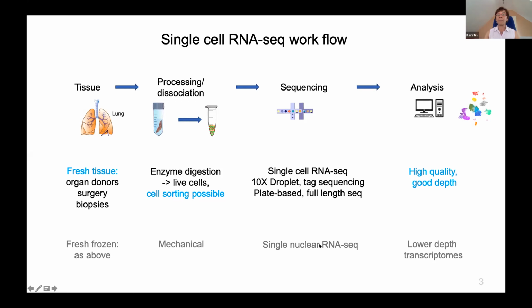I will compare some of our data to results with that, but on the whole, we still find that it gives us lower depth transcriptomes. So it's worth understanding what the effects of the processing are. I will first talk about the cold storage and then about the tissue dissociation protocols.